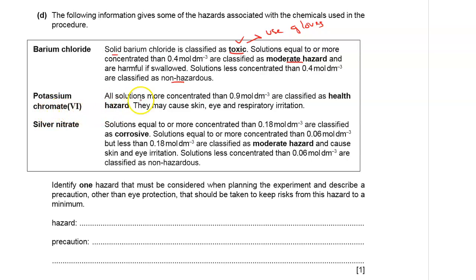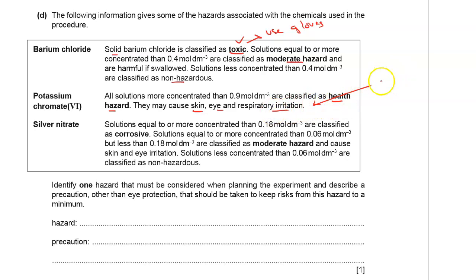Potassium chromate(VI): all solutions more concentrated than 0.9 moles per liter are classified as health hazards, and health hazards may cause skin, eye, and respiratory irritations, right?